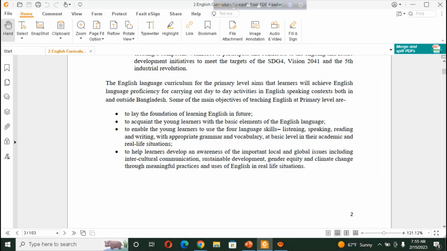These are the aims or objectives of studying English at primary level.